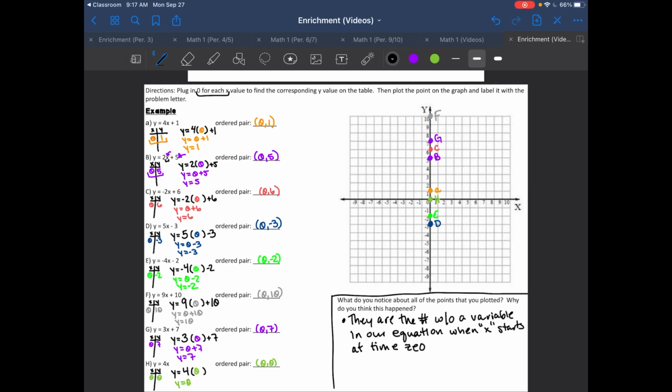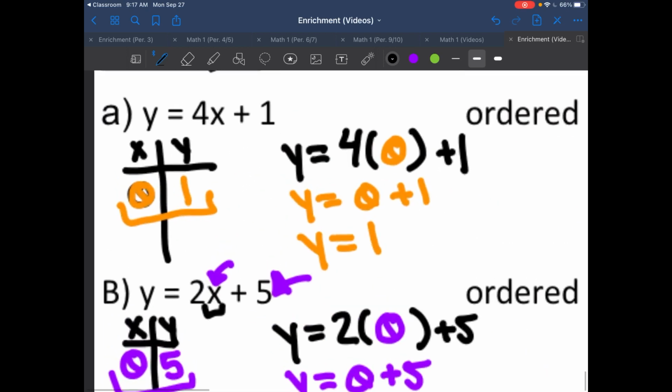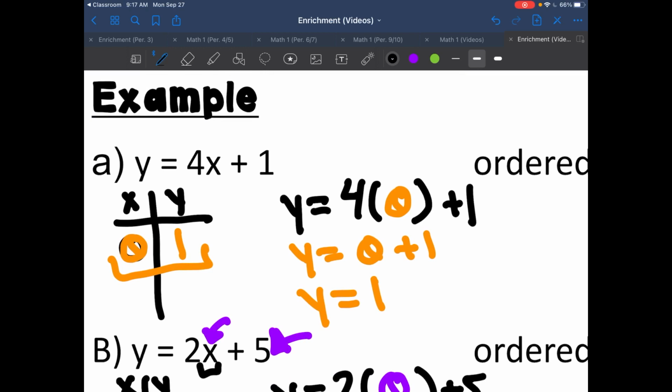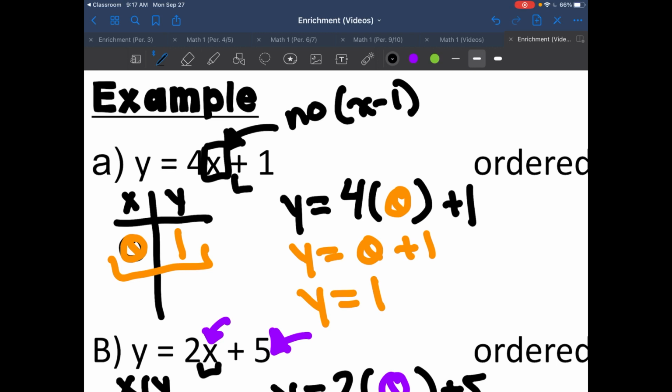Right? Miss Rolf, what do you mean by time 0? Well, just like our arithmetic stuff, this x is just an x. It does not say x minus 1. So this is telling me I started at time 0. So you can really find your y-intercepts very quickly when your x is starting at time 0. It's just the number that's behind. It's the number you start with at time 0.